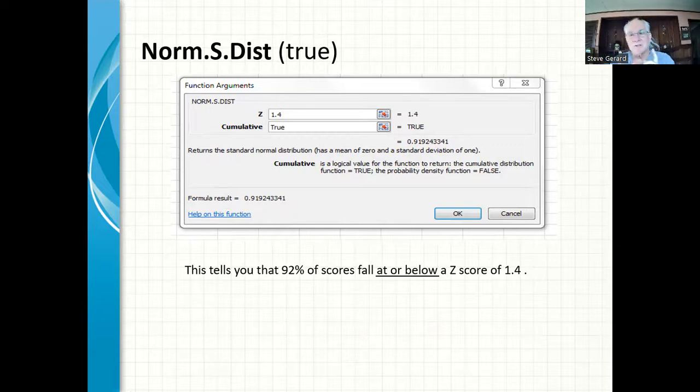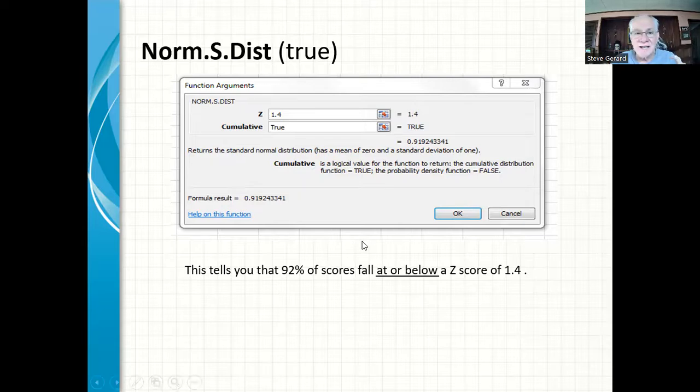Now here's a trick this week, and I mentioned this in my written materials, but if you are listening, think about this carefully. If I ask you a problem and I say, what's the probability that up to, or at least, or at most, if the language has that kind of wording with it, you're looking for a cumulative distribution. If I say, what's the probability that you will get exactly a score of, then you're looking at a point distribution.